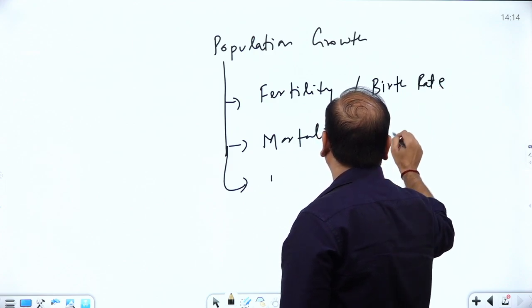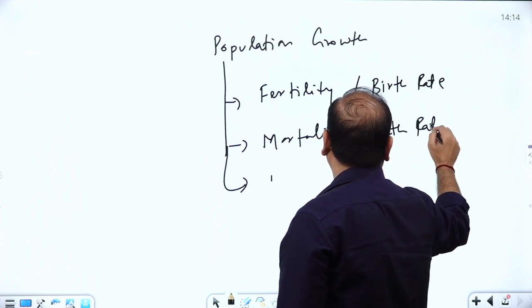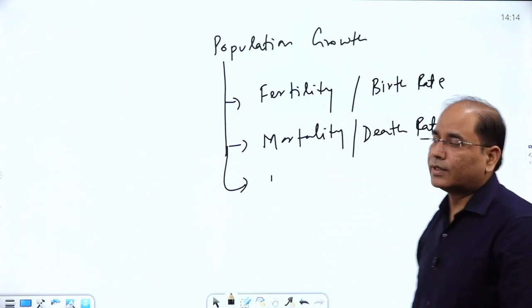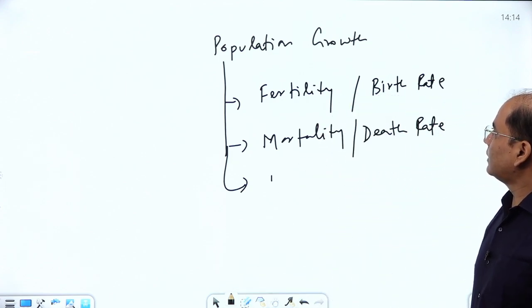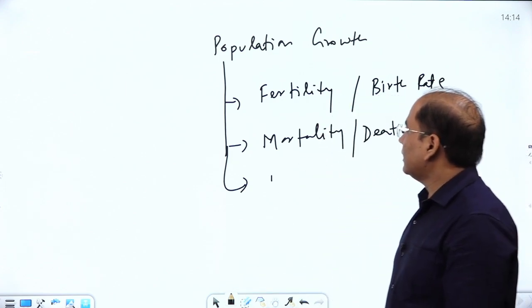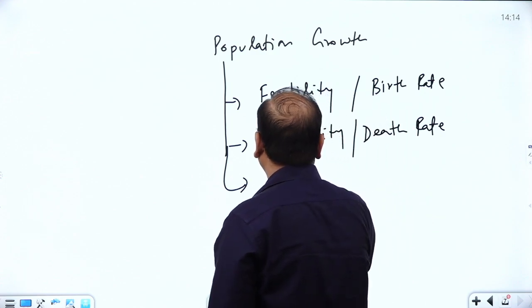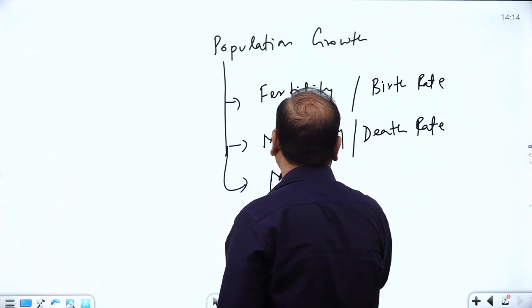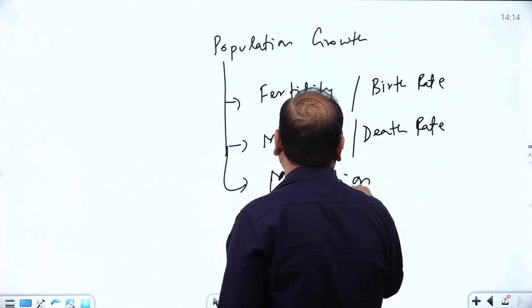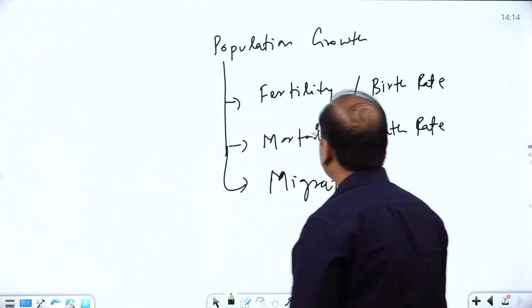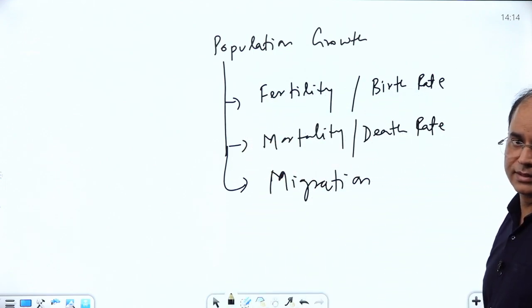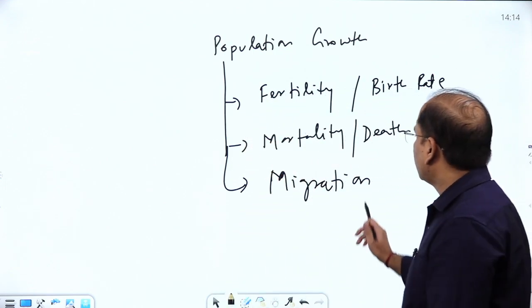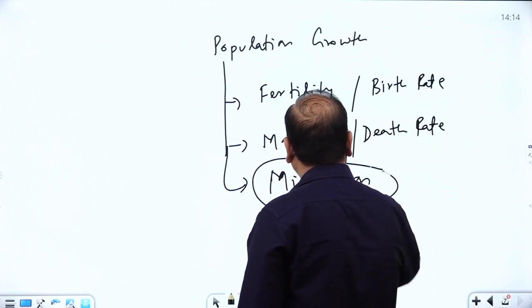Mortality is death rate. So fertility is birth rate, mortality is death rate. There is a third component, and the third component is migration. So the third component is migration.